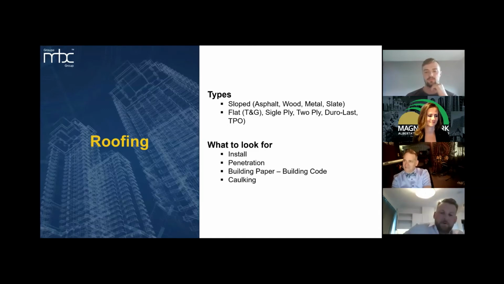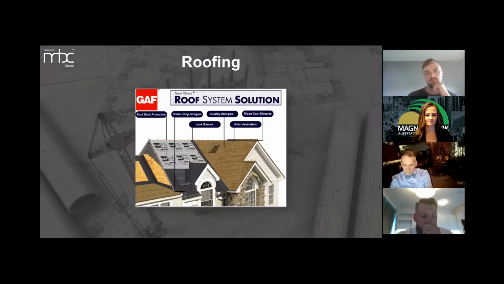Then the building paper, obviously building code as I said, and all your caulking joints and the penetrations, making sure that those have been done properly. A bit about roofing sciences here, and there are still a few flaws in the building code. We're not going to go over all the different codes, we're just going to talk about Alberta tonight.